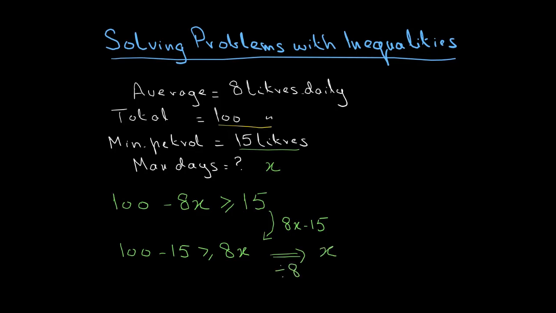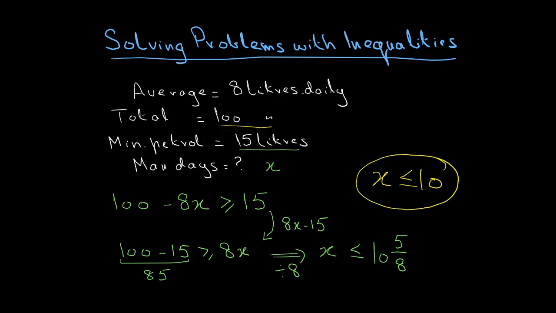I'm going to get x is less than or equal to, please note, 100 minus 15 is really 85. So this is just 85 divided by 8, which is 10 whole 5 over 8. Since x has to be a whole number, x must be less than or equal to 10.